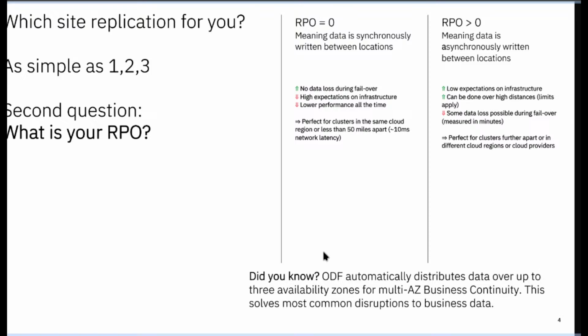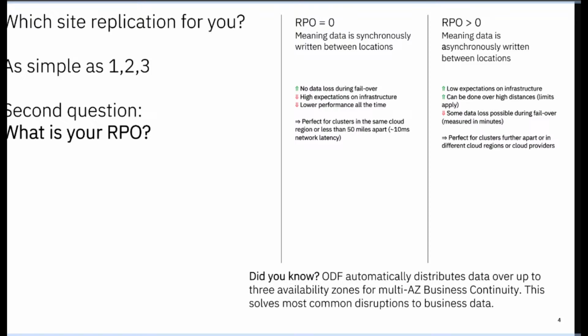I also put that little note down here just because it's very obvious for us product managers, because that has always been there. But ODF automatically, especially if you're deploying in the cloud, automatically distributes data of up to 3 availability zones. So when you're deploying on AWS, for example, it sees you're in a region, the region has multiple availability zones.